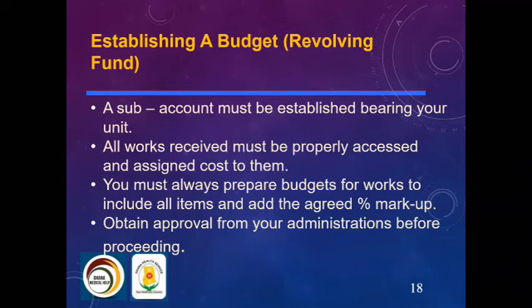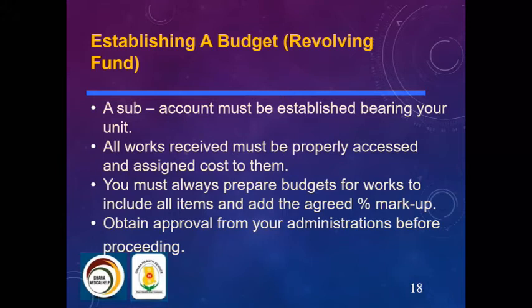So you'll always be given a sub account to operate in. When you establish the revolving fund and the seed fund is given, you have a sub account because you will not be given a main account to operate on. All accounts are under the regional director of health services, that is, if you are working as a regional engineer.